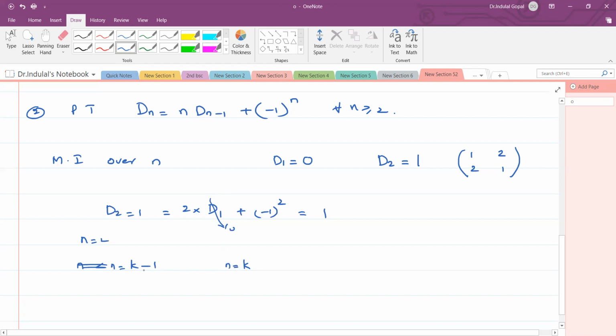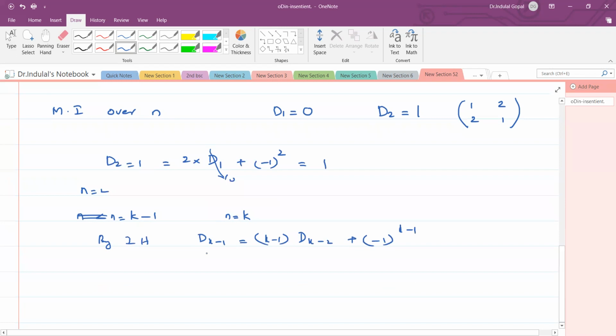The result is true for k minus 1. Therefore, by the induction hypothesis, we have Dk minus 1 is equal to k minus 1 Dk minus 2 plus minus 1 raised to k minus 1. And by the previous result, we have Dk is equal to k minus 1 into Dk minus 1 plus Dk minus 2.